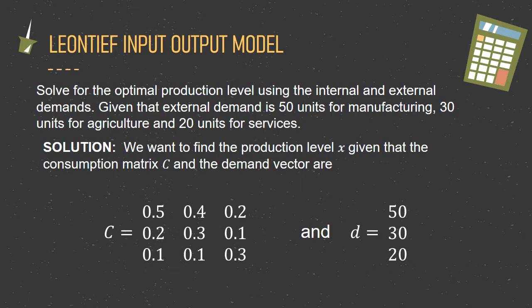Solution: we want to find the production level x given the consumption matrix C and the demand vector d, where C is equal to 0.5, 0.2, 0.1, 0.4, 0.3, 0.1, 0.2, 0.1, and then 0.3. And d is equal to 50, 30, and 20.